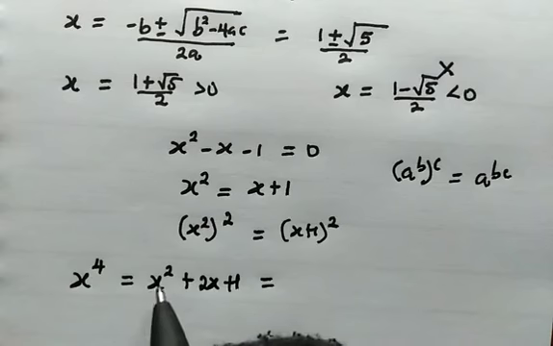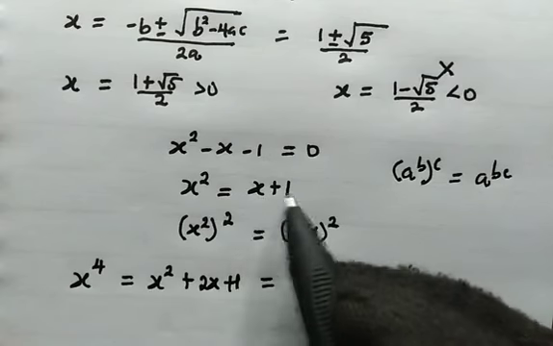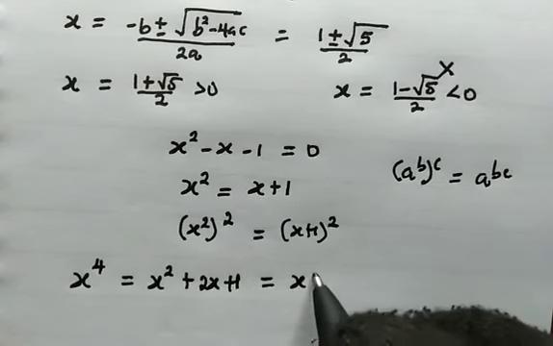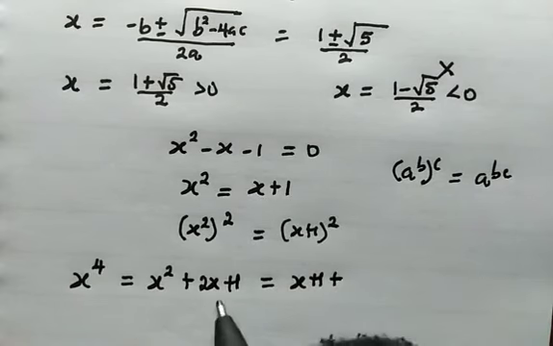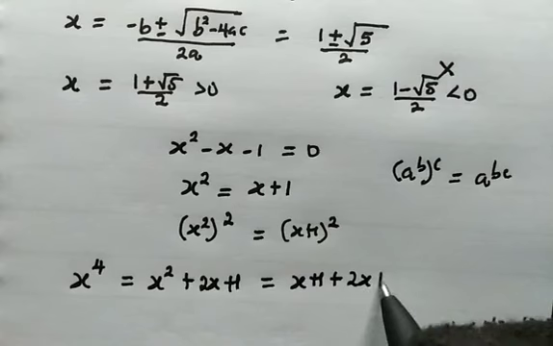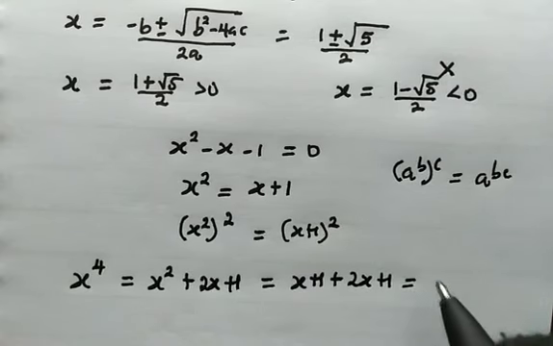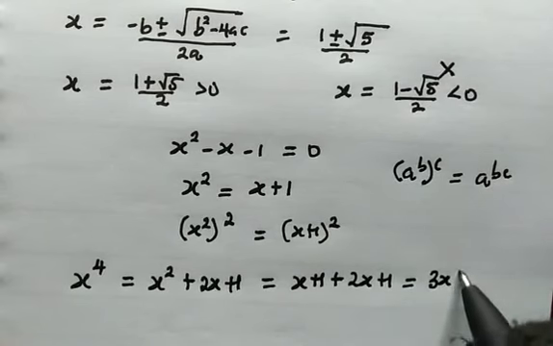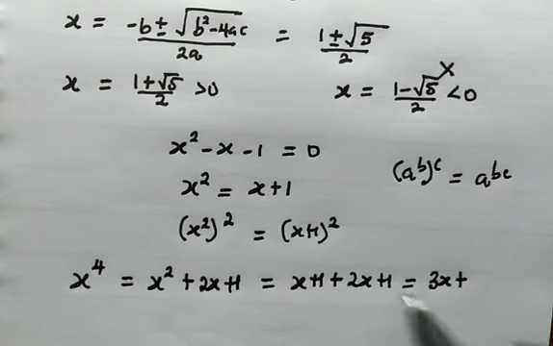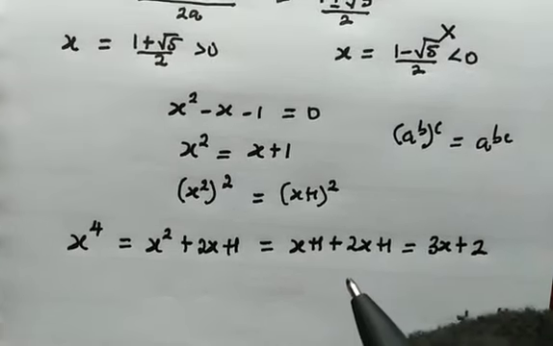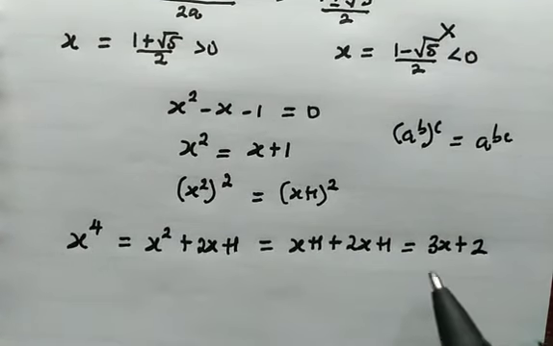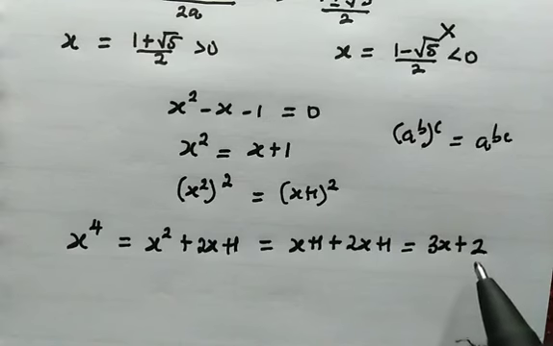Then remember, x squared is equal to x plus 1, so we have x plus 1, then plus 2x plus 1. Simplifying further, x plus 2x gives us 3x, then 1 plus 1 gives us 2. So now we have x to the power of 4 equals 3x plus 2.